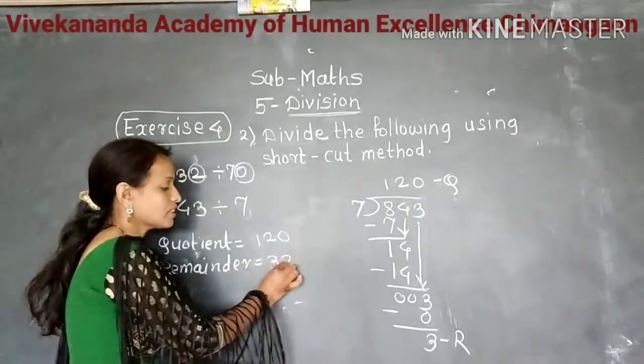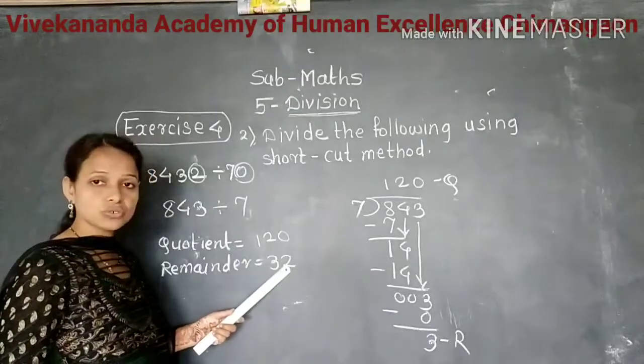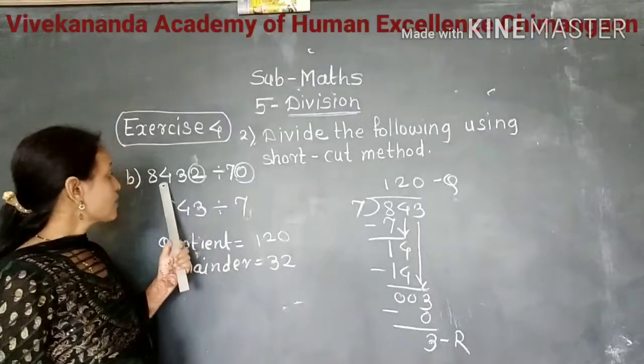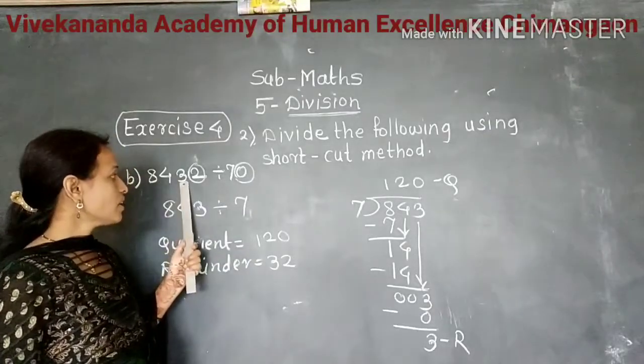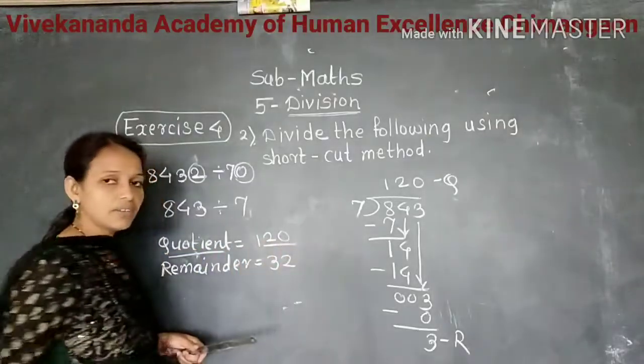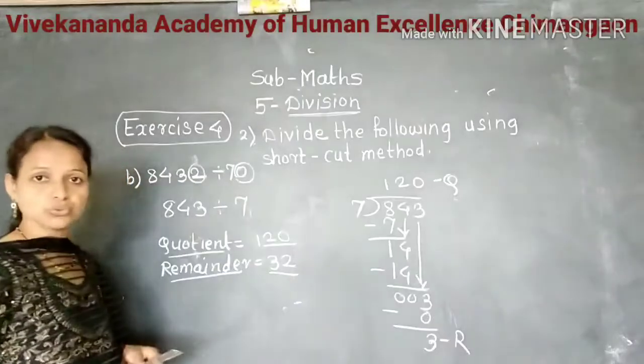So write it in front of 3, and you get remainder 32. So when we divide 8432 by 70, we get quotient 120 and remainder 32.